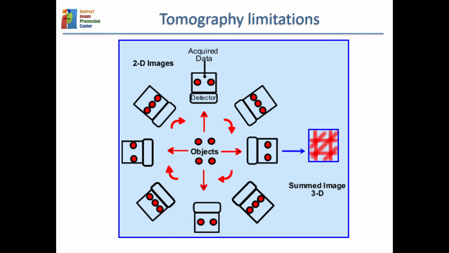So, for instance, let's say that we have this object, and this object generates these projections, and these projections are compatible with the ground truth, but they are also compatible with this object. So this object that has been computationally constructed is as compatible with the projections as the original object.